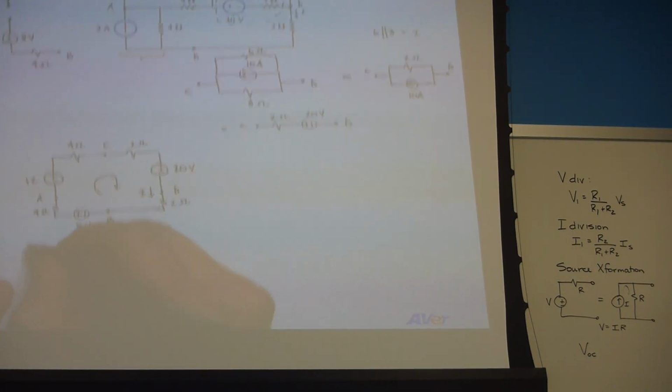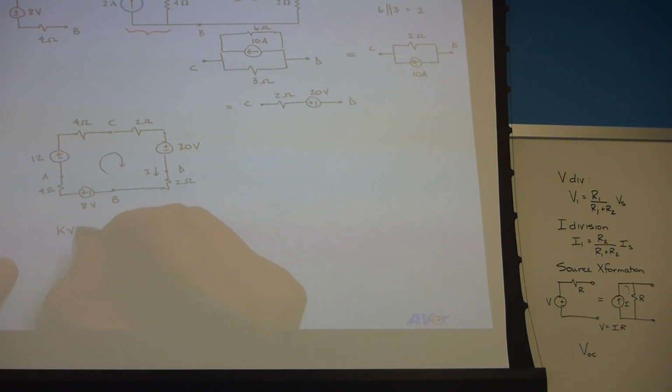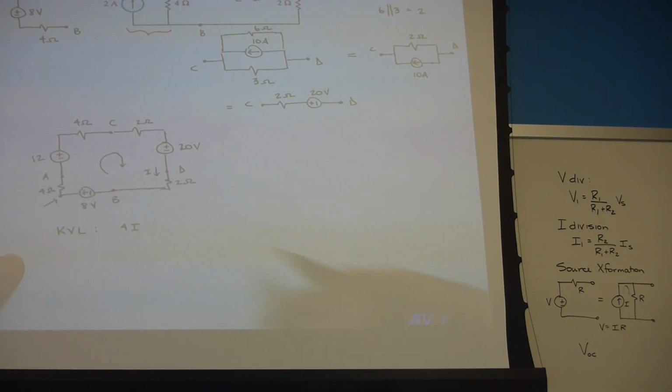So KVL. We got to pick a place to start. So I vote for here. I usually start, I don't know why, in the bottom corner. So in the direction of the current, we have a 4I drop. We're going to gain 12 volts, so that's going to be negative.